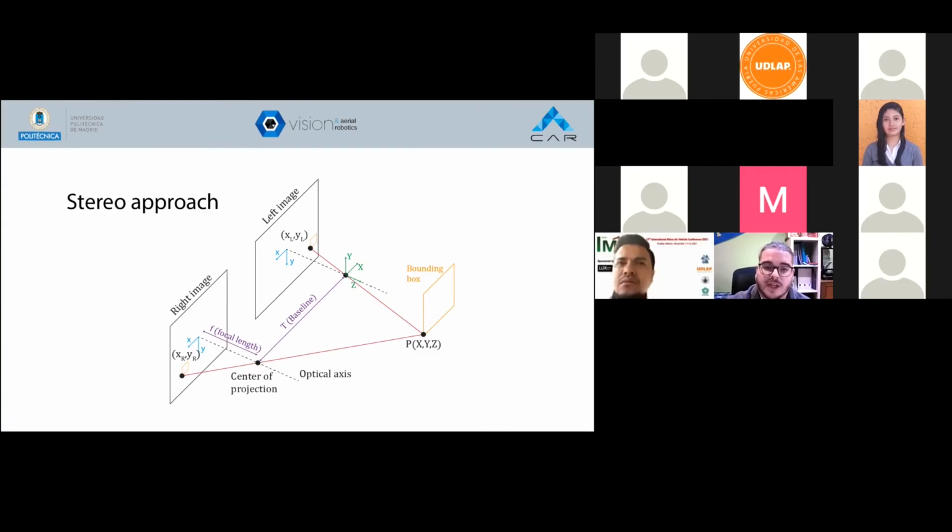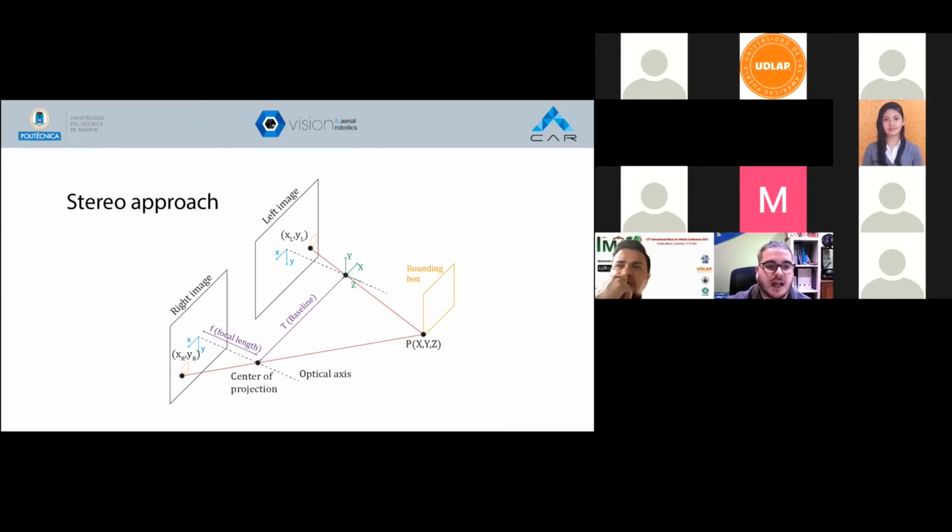We can make this simplification since the cameras are very close and in the same plane. For better understanding, we can imagine that the bounding box acts as a plane parallel to the camera that cuts the object vertically through its center. And that's where we suppose the centroid is.